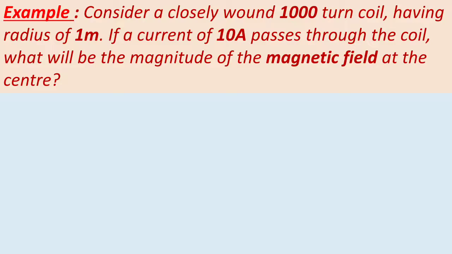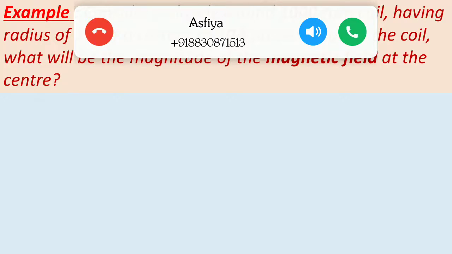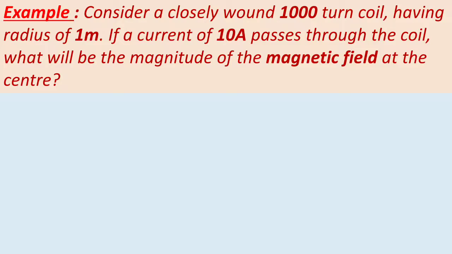See, we have derived three formulas just now. So which formula is going to be used here? You have to see first what is to be determined here. We have to determine the magnitude of the magnetic field at the center. So yes, we can recall the formula, but before recalling the formula, let's see the solution.